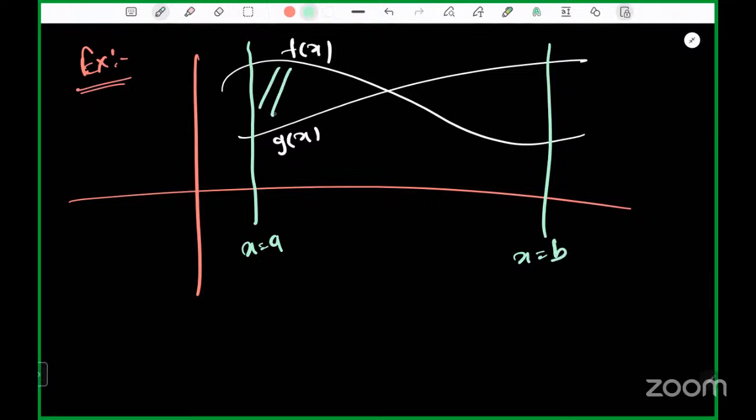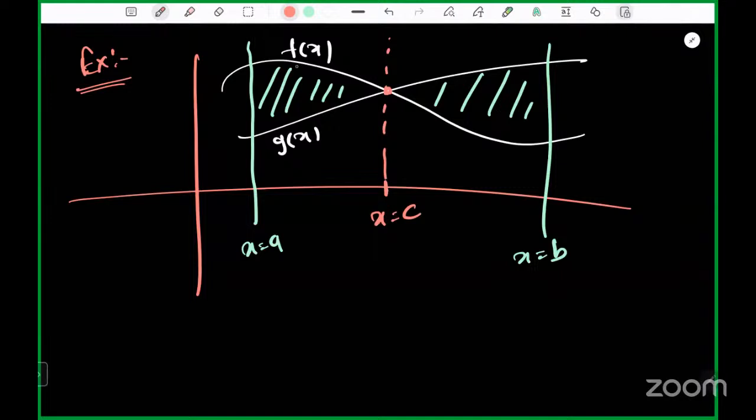That means we need to find this particular area. Then how can we do that? For that we'll use a simple trick: we'll find the point c where these two functions are intersecting or cutting each other. So that is the point x equals c. And we'll decompose this particular area into two parts.